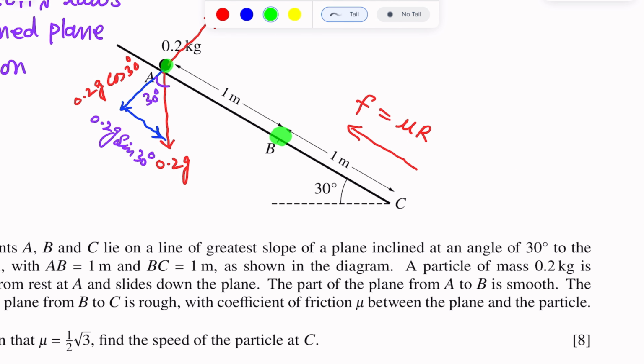When the particle is at point B, there are two forces. One force is the same, the component of the weight acting along the plane, and the other force is F equal to mu R, the frictional force.